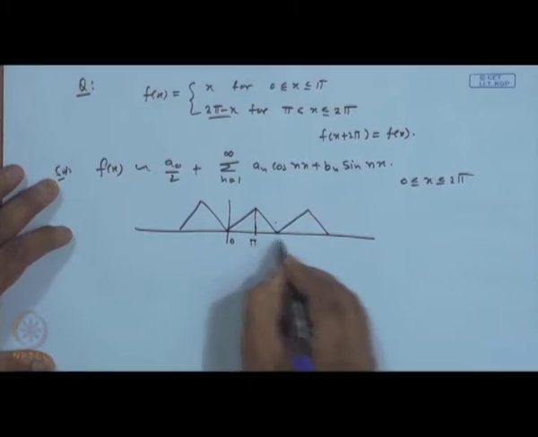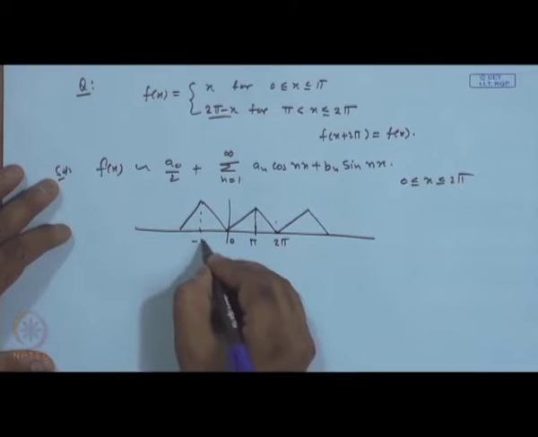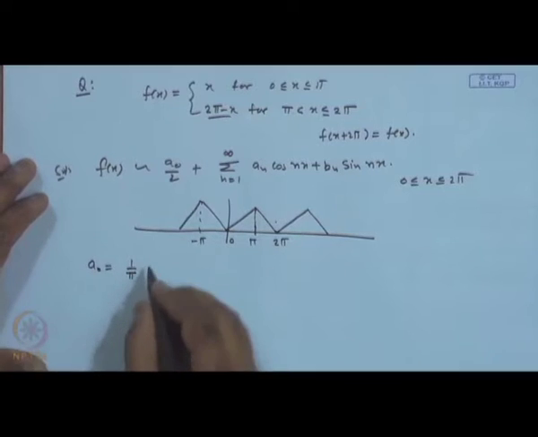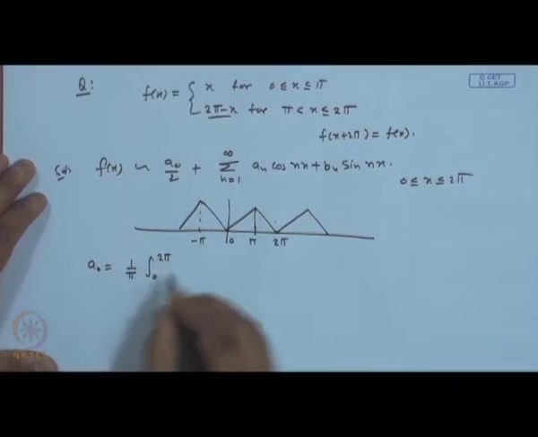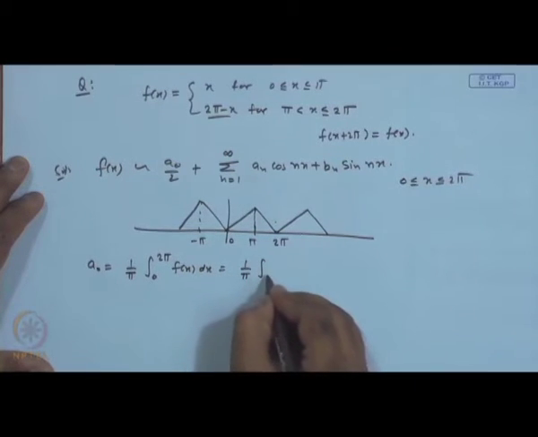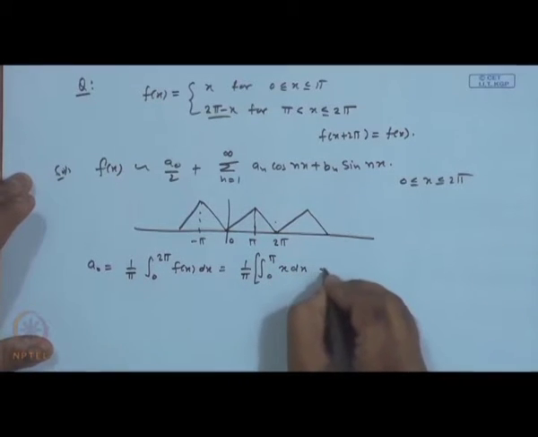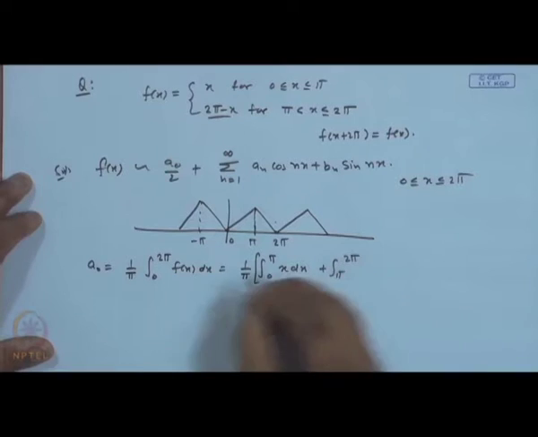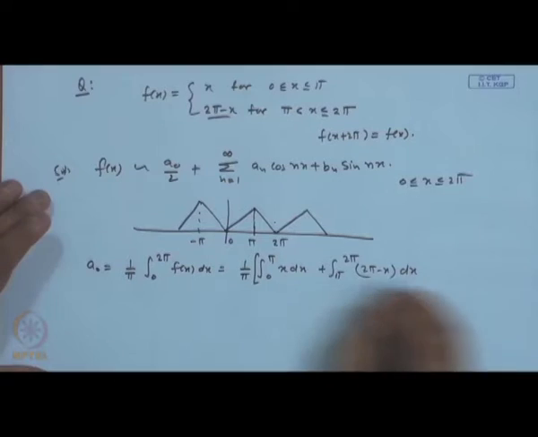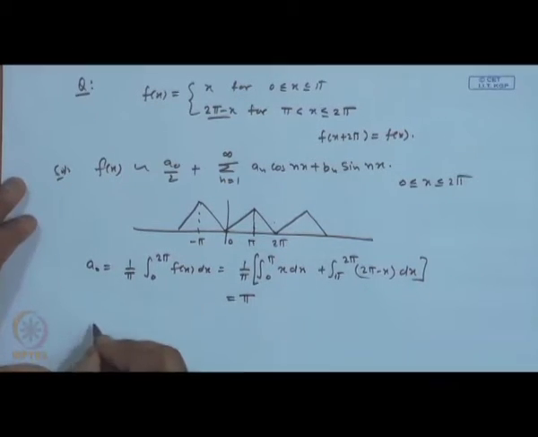So, we have here 0, here pi, and then 2 pi and so on, here minus pi. This a_0 we can get as 1 over pi times the integral from 0 to 2 pi of f(x) dx, which is 1 over pi times the integral from 0 to pi of x plus the integral from pi to 2 pi of 2 pi minus x dx, and the simple integration will give us just pi.